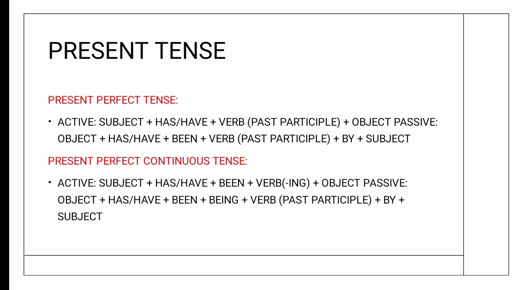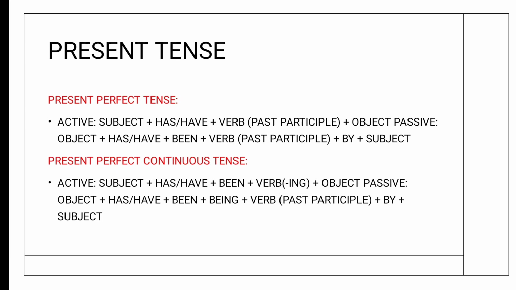Plus the verb. In the simple present and in the present continuous, the V1 converted into V3. So now what will happen? The same thing. Whatever the active form contains, like V1, V2, or V3, no matter what it is, when we are converting into passive voice, it will definitely be in the V3 form.